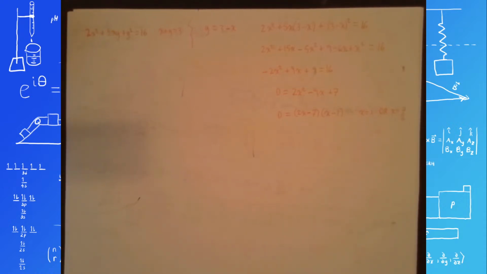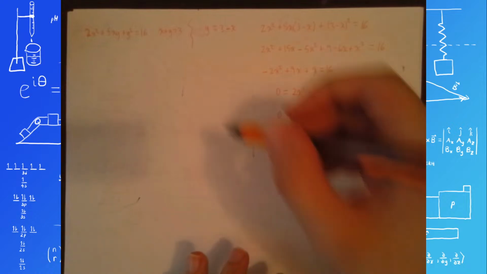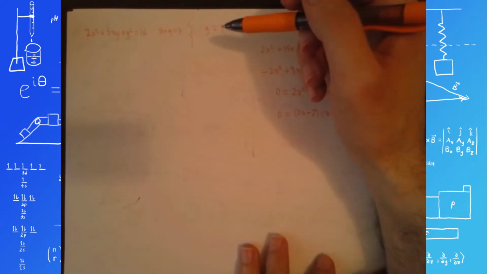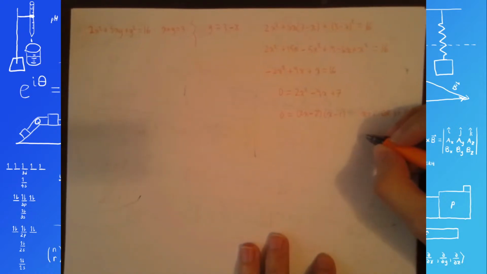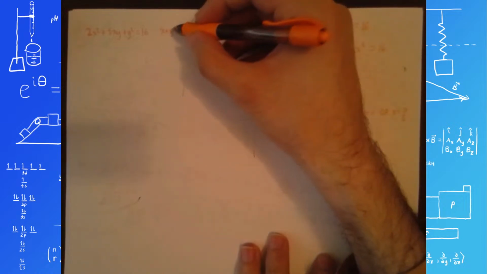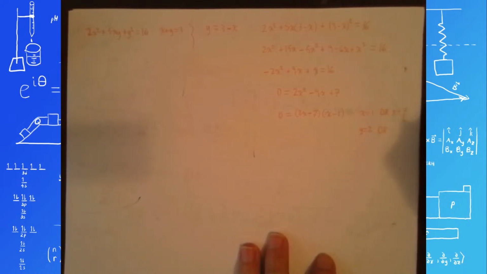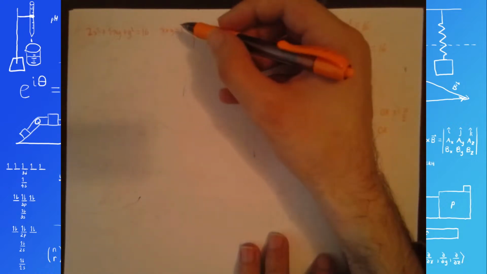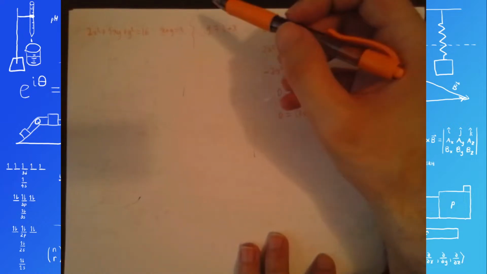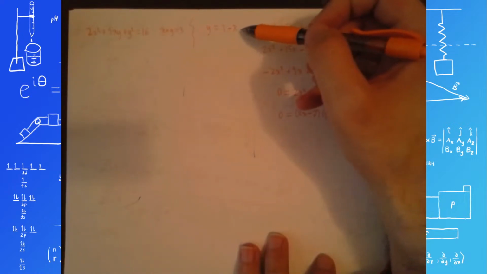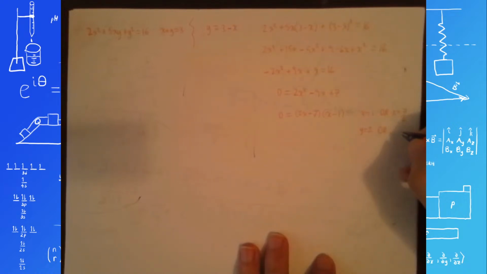Now if I test them out, I get either y equals, when x is equal to 1, y equals 2, or when x equals 7 over 2, or 3.5, y equals 3 minus 3.5, which is negative 1/2.